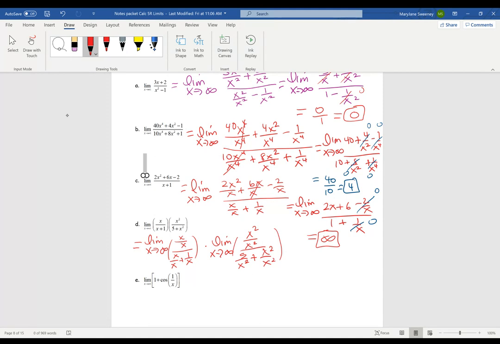So it'd be the limit as x approaches infinity of 1 over 1 plus 1 over x, times the limit as x approaches infinity of 1 over 5 over x squared plus 1. And then basically this would go off to 0. This would go off to 0. So it would be 1 times 1, which is 1. So this whole thing would be 1.